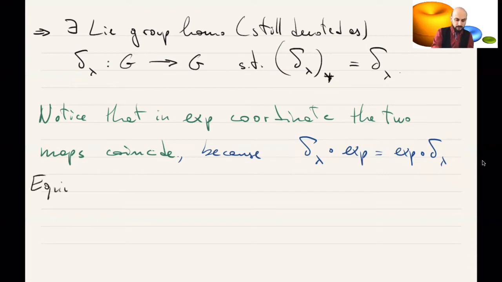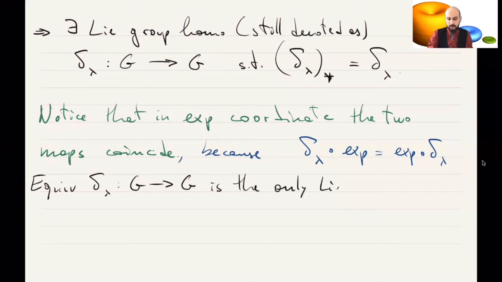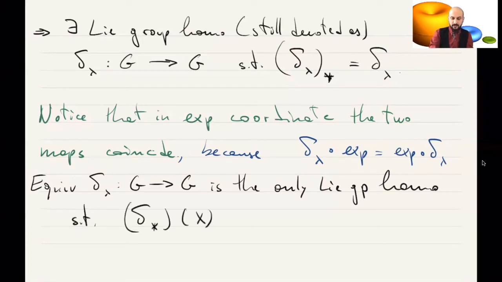So equivalently, delta lambda from G to G is the only Lie group homomorphism such that the push forward of a left invariant vector field tangent to V1 is stretched by lambda.